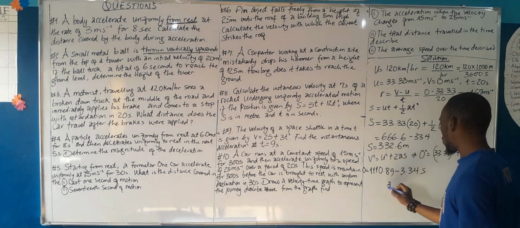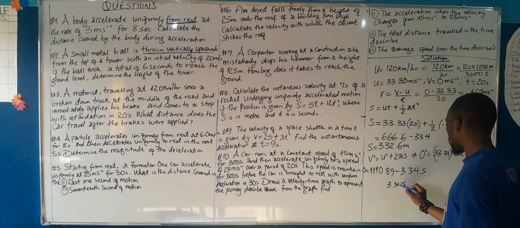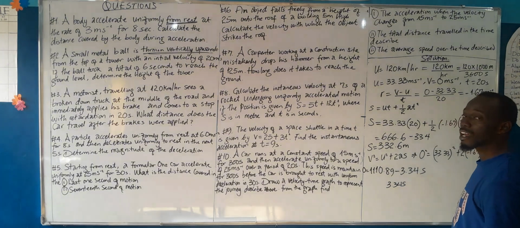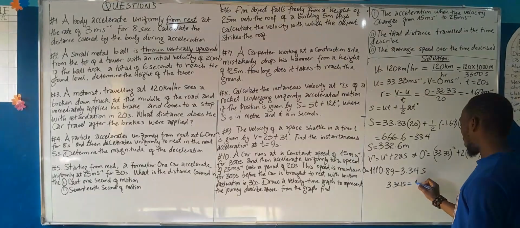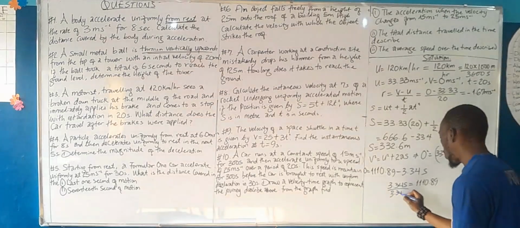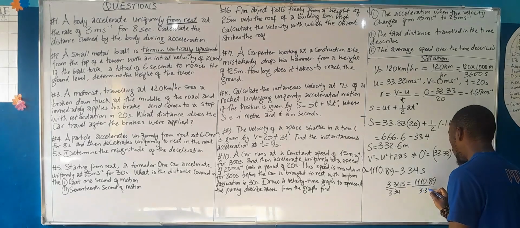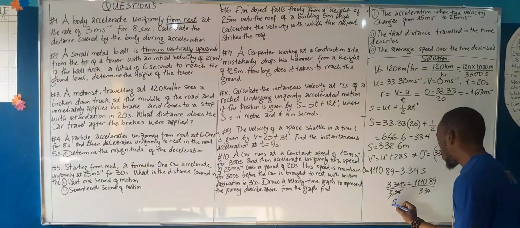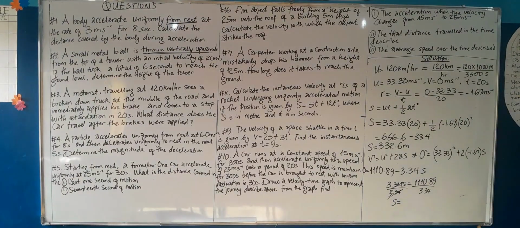So we're having 3.34. Then, sorry, distance is what we're looking for, and 1110.89 divided by 3.34. So what is our distance now?